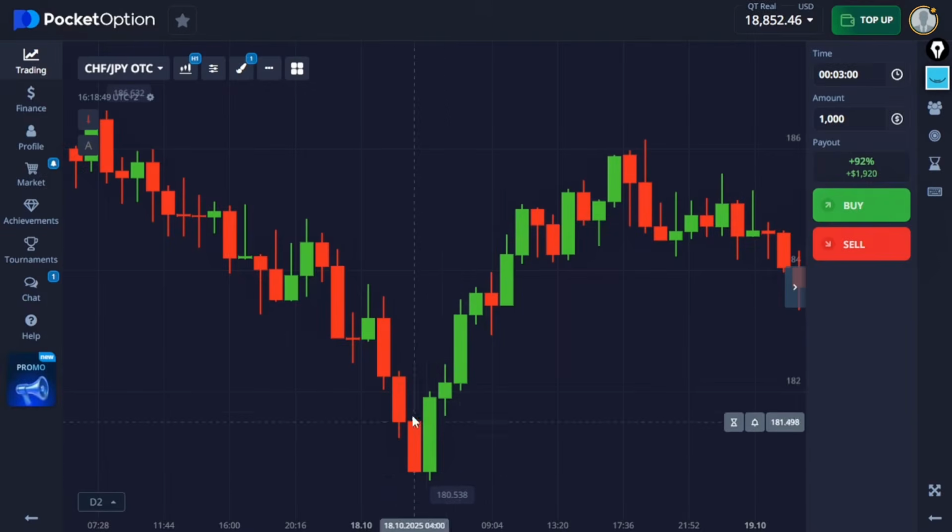So I've just jumped over to the charts, and right now we're looking at CHF JPY on the hourly time frame. If we head to the bottom here, you'll notice we've got a bullish engulfing candle. Now, what makes this a bullish engulfing candle? Well, number one, we've got a long green body, a small upper wick, and a small lower wick. And also, we can see that this candle engulfed the previous candle, making this a valid bullish engulfing candle.